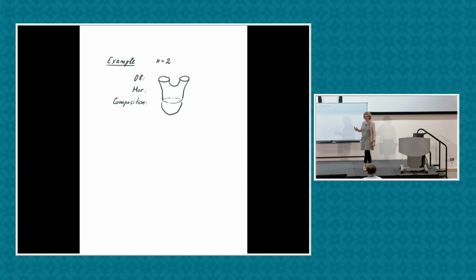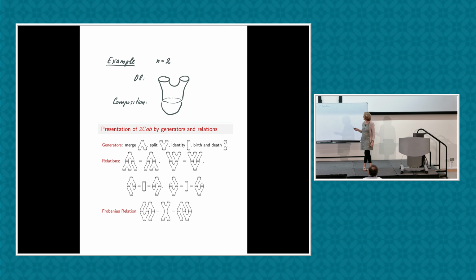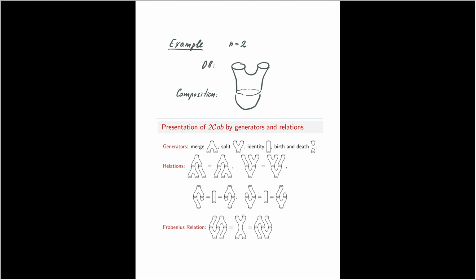Here the objects are circles, the morphisms are pairs of pants, caps and cups, and gluing gives you composition. In dimension 2, as you would expect, surfaces are classified, so you can immediately say who the generating morphisms of your category are and what the relations between them are.